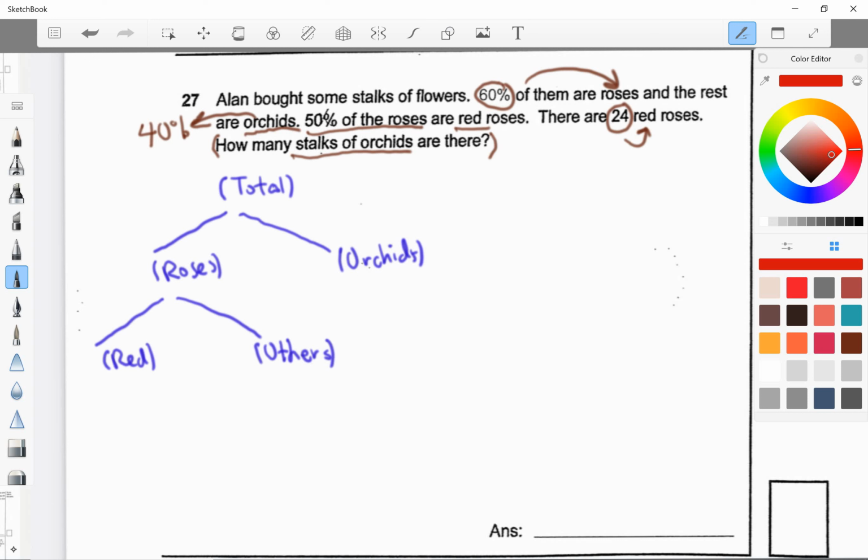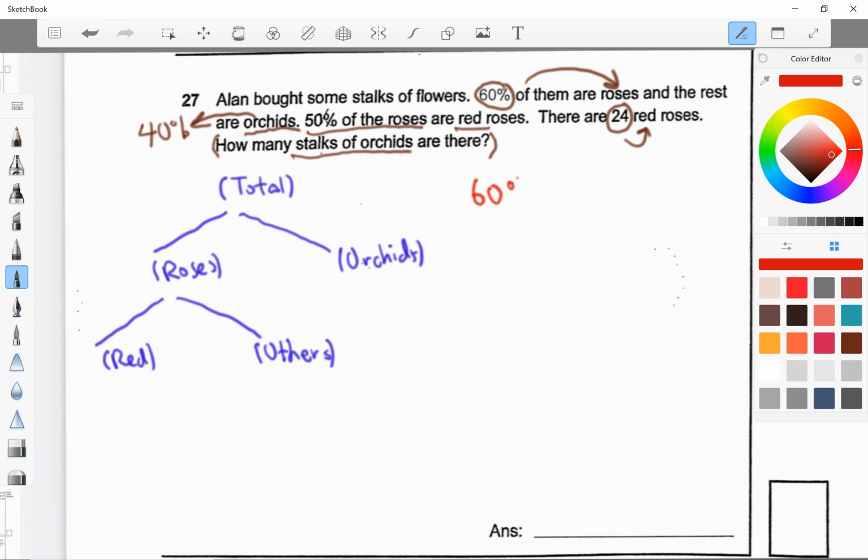Alright, so how can I make sense of the percentage? It is very easy. All I need to do is change the percentage into units. Before I can change the percentage into units, I have to change the percentage into fractions first.